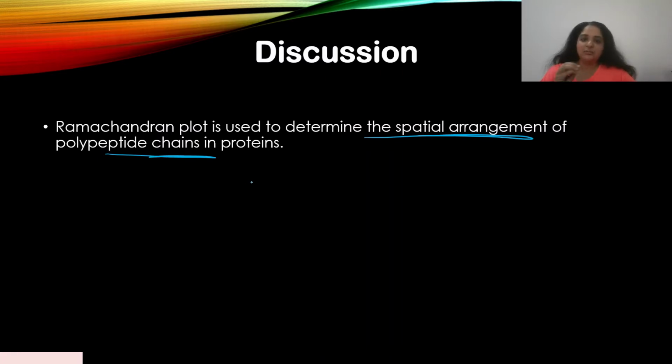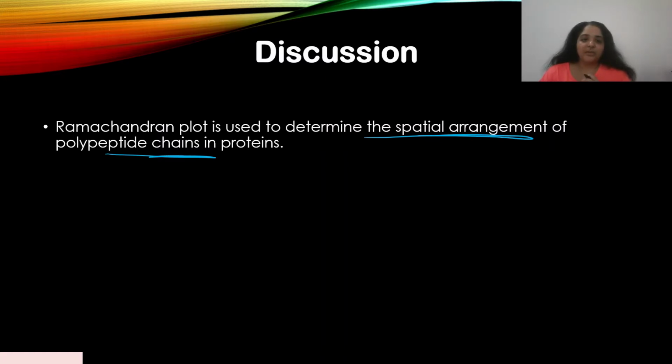Now polypeptide chains in proteins are arranged as primary structure, secondary structure, tertiary structure, quaternary structure. Especially when you look at the secondary structure or the tertiary structure, you'll find many hidden bonds in the protein, which attach the polypeptide chains together, and they are arranged in a certain way. So Ramachandran plot is a tool where you can see or assess the structure of a particular protein, how they are arranged, what are the different bonds inside the protein, and how are they all arranged inside.